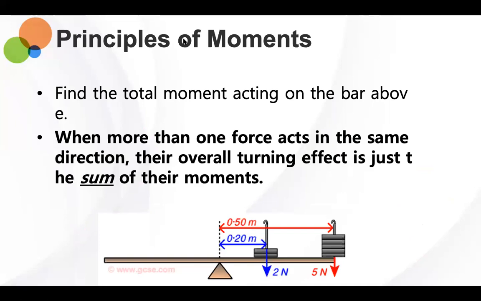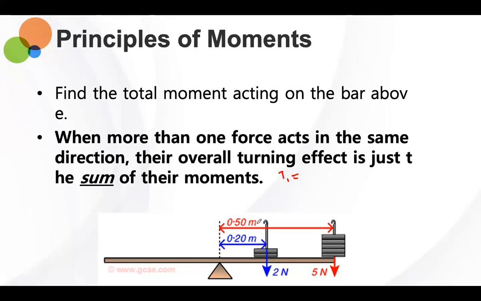All right, so find the total moment acting on the bar below. When more than one force acts in the same direction, their overall turning effect is just the sum of their moments. That's what we want to accomplish for this particular slide. So we look at this particular moment here first. The first moment, T1, is a symbol for moments.